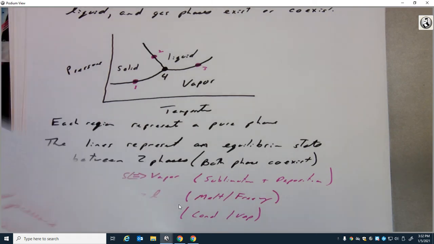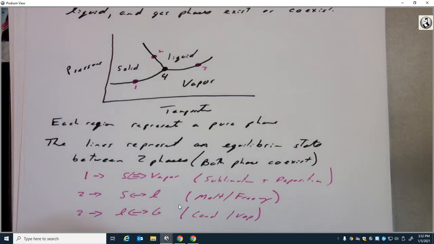At this point, at point number 4, this is called the triple point.